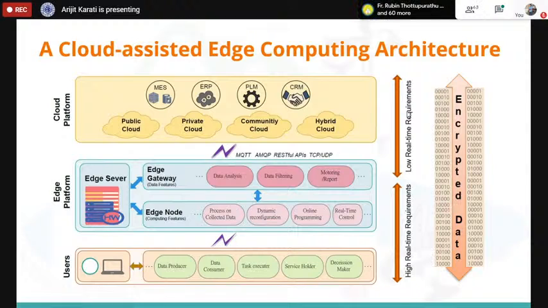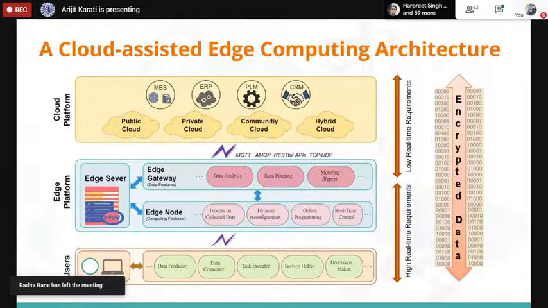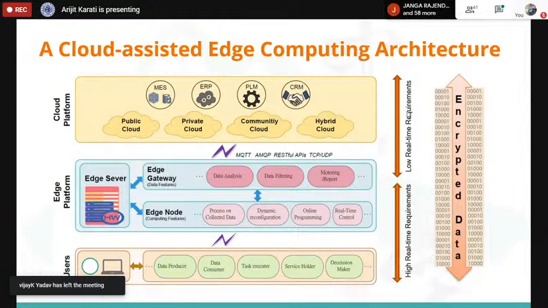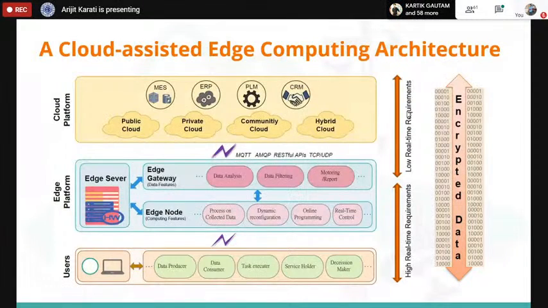So in this architecture, we are not communicating with the cloud every time. We are just communicating with edge nodes. The edge node is capable of processing the data locally, and then it transmits the data to the cloud with the help of the edge gateway.